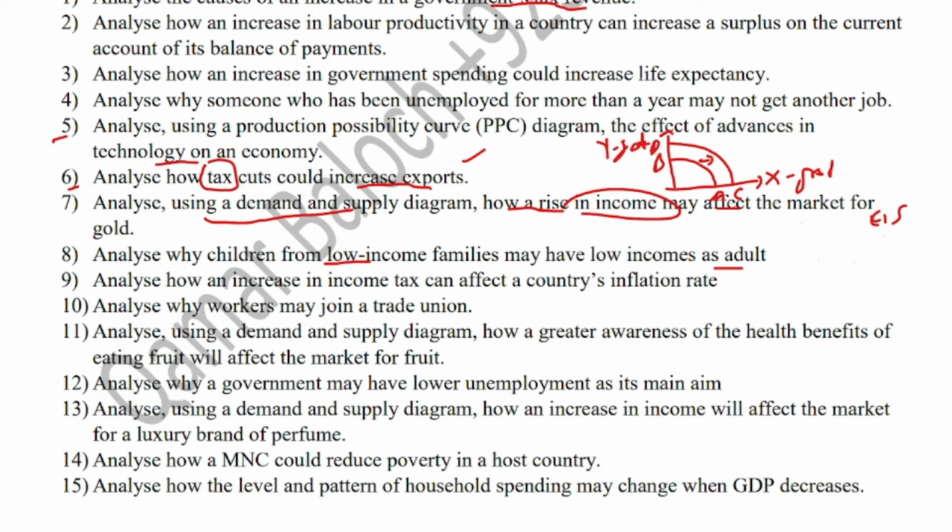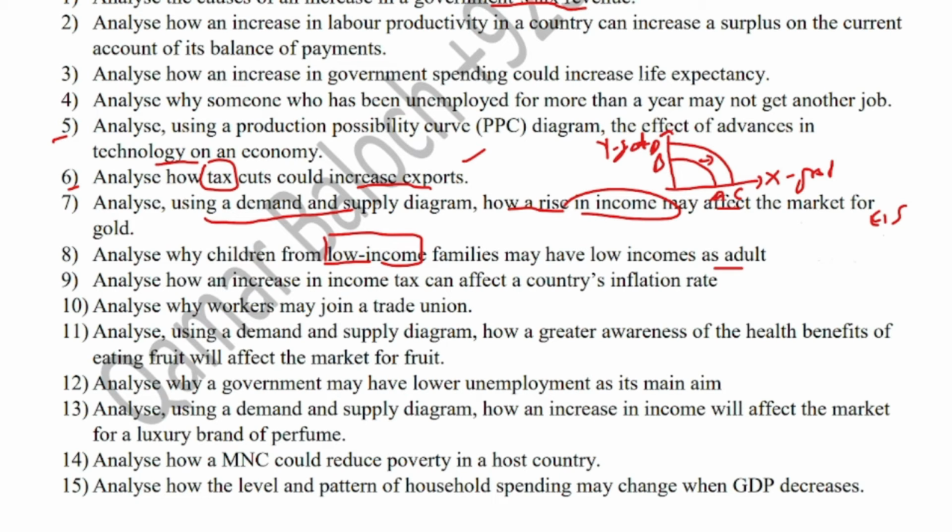So why does it happen? Children from low income families do not have access to the basic facilities of getting educated in better institutions, and they don't have sufficient resources to get education and relevant training as per the new technologies.